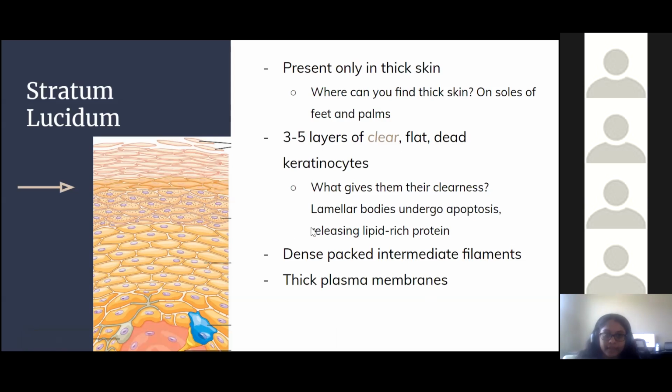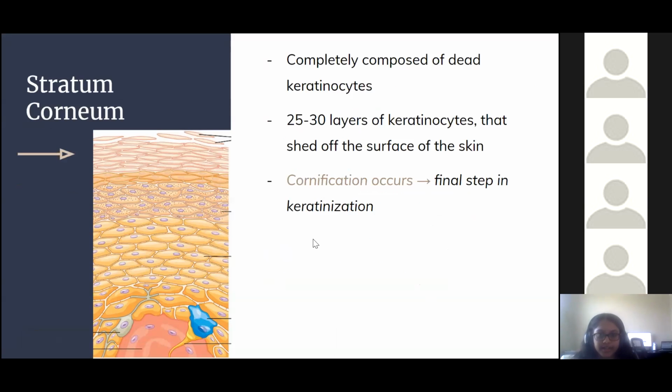Okay. So lastly, we have the stratum corneum. In this layer, the cells are basically completely dead, and there's this thing called cornification, which is basically when the cells begin to peel off the epidermis.